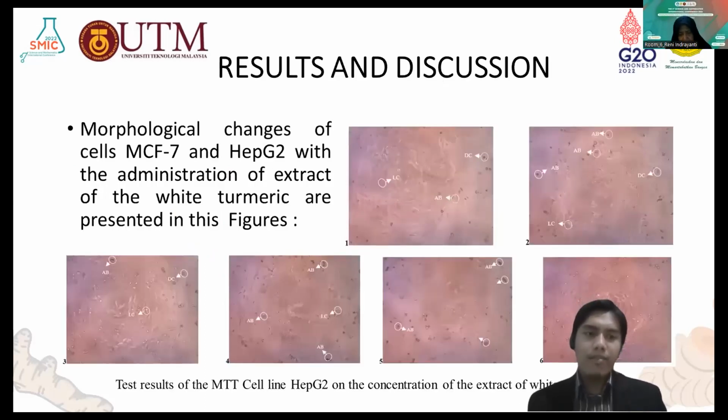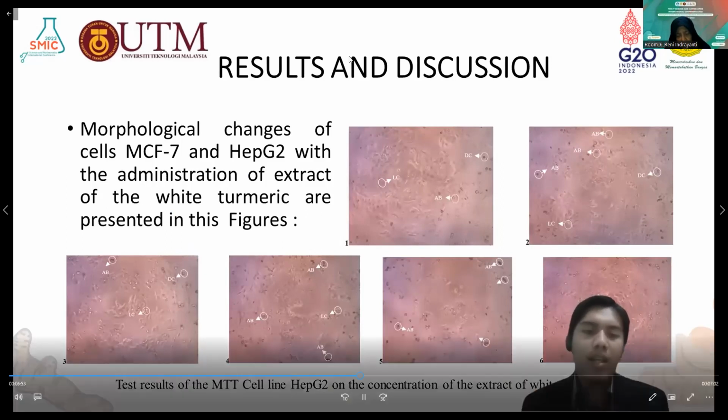And this is the result of morphological changes of MCF7 and HepG2 cells with the concentrations of white turmeric extract, presented in this figure. Here, 1, 2, 3, 4, 5 are representative of every concentration. 1 is for 10 ppm, 2 is for 15 ppm, 3 is for 20, 4 for 25, and 5 for 50 ppm.